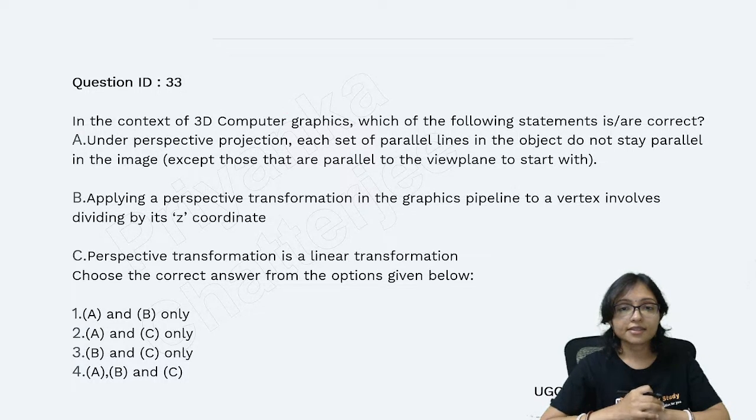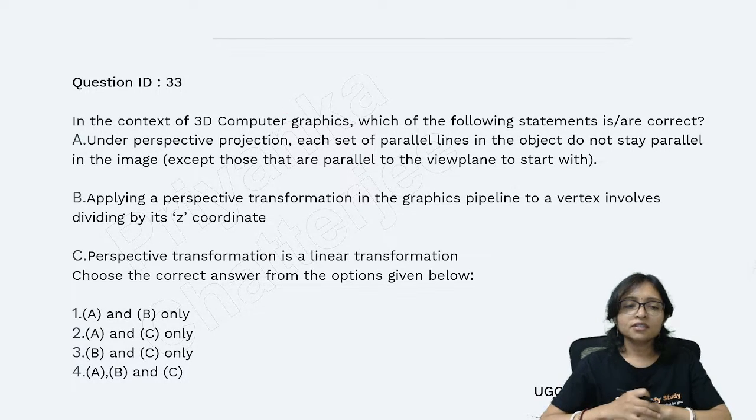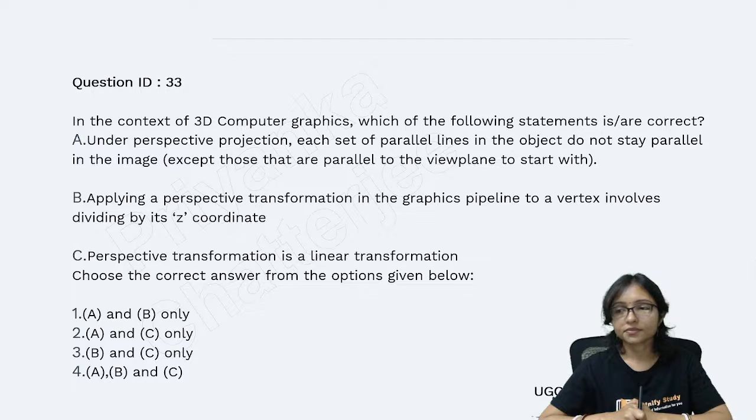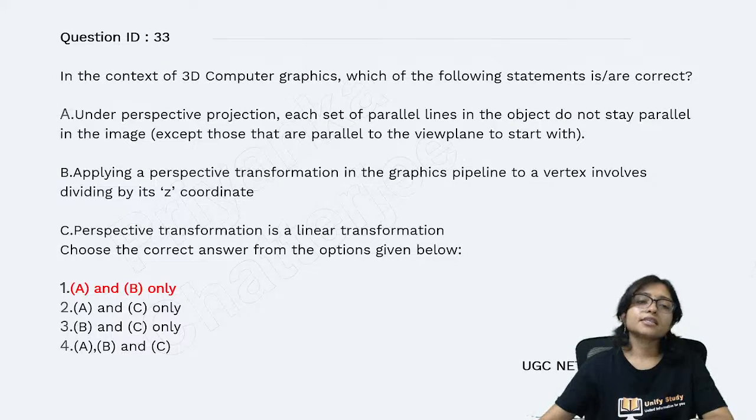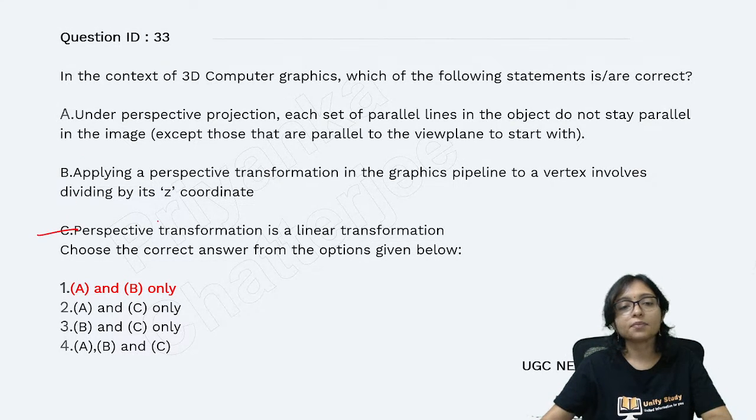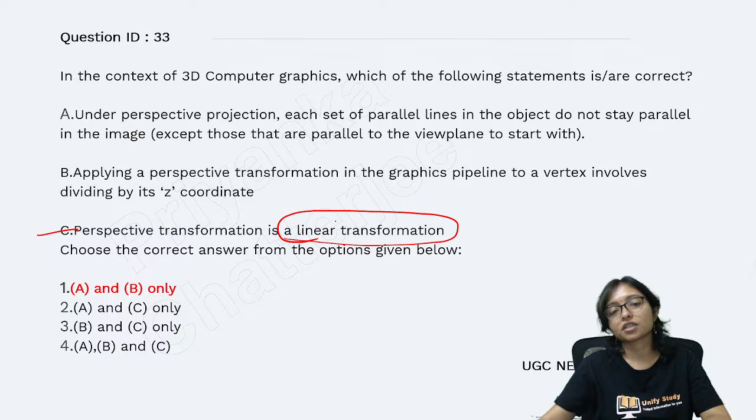A, B, C, 3 option is given. Out of that, which one is correct? Yes, answer will be option 1, because perspective transformation is not a linear transformation.